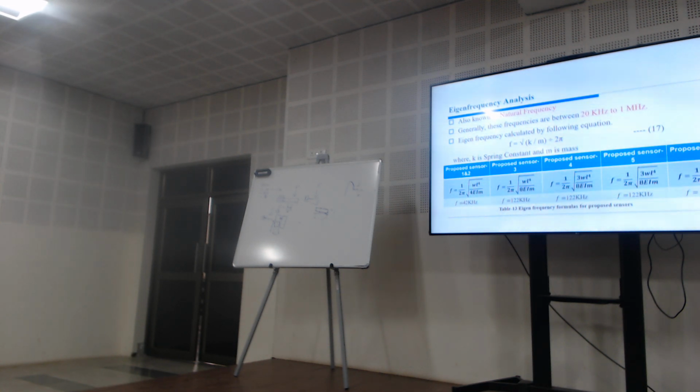And finally is the eigenfrequency. For all movable sensors, this is another important key factor. That we already know, na. While we are moving on a bridge, some vibration we will get. Yes or no?